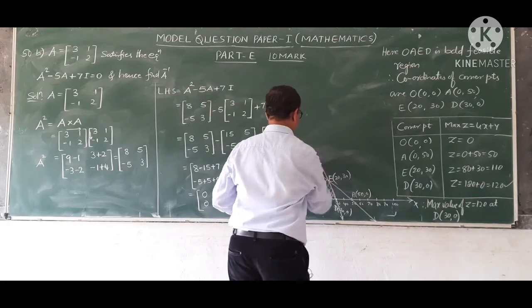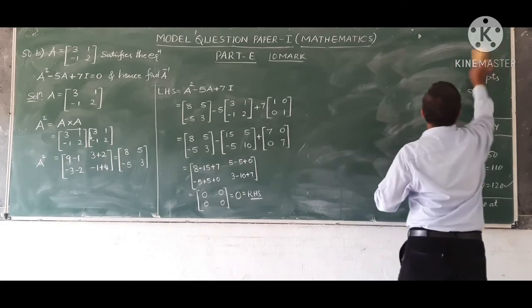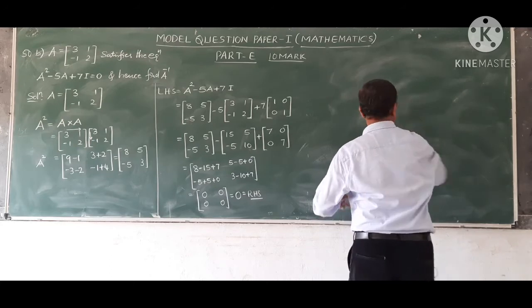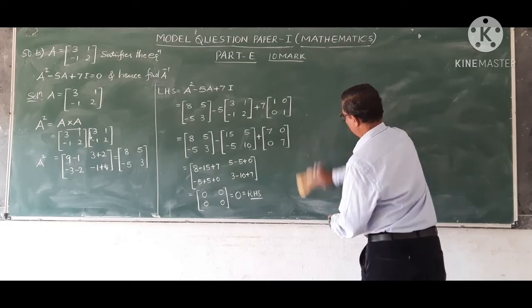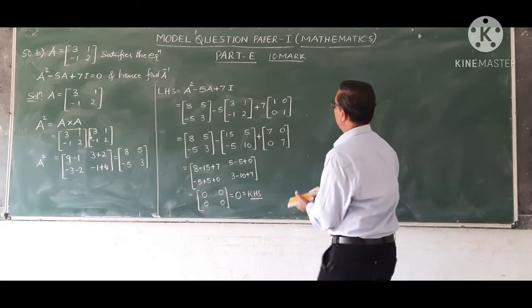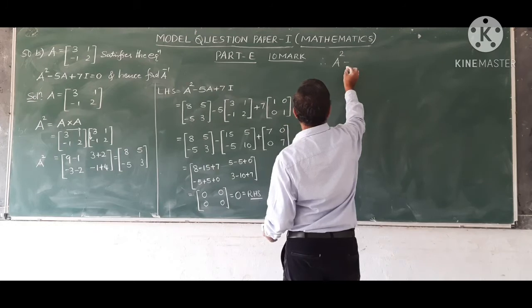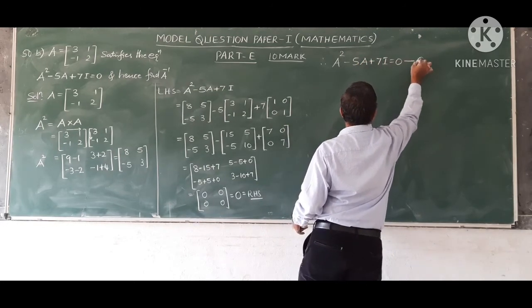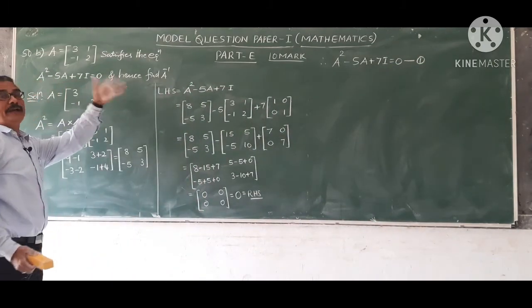Therefore, A satisfies the equation, that is A square minus 5A plus 7 into I is equal to 0. First part is over. Second part, using this find A inverse.